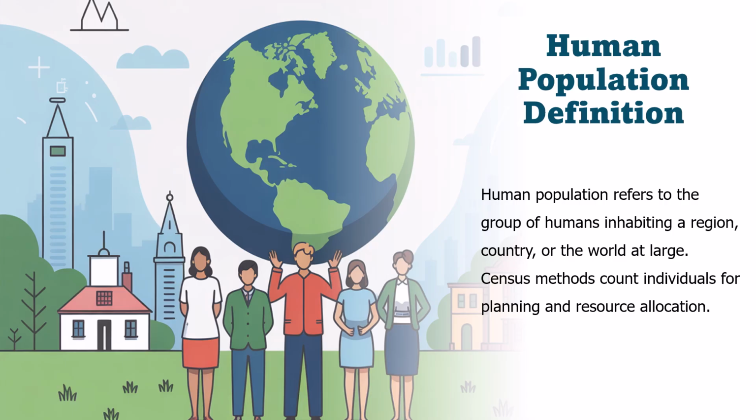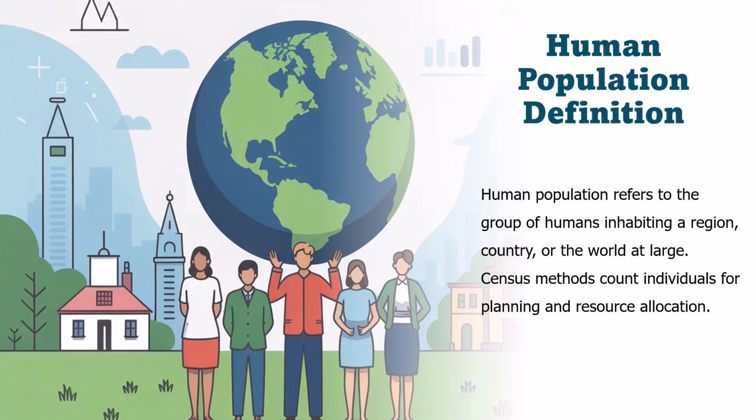The human population represents groups of people inhabiting a particular region, country, or the entire globe. Governments and organizations use census data to determine the size, distribution, and demographics of a population to plan for healthcare, education, infrastructure, and resource allocation. Tracking population changes helps identify trends like urbanization, migration, or aging societies.